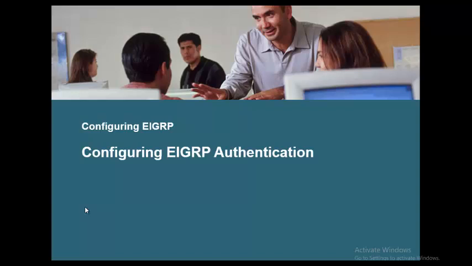So learning routes needs to be carefully done. You run EIGRP. What if the other guy also runs EIGRP with the same autonomous system number that you use?